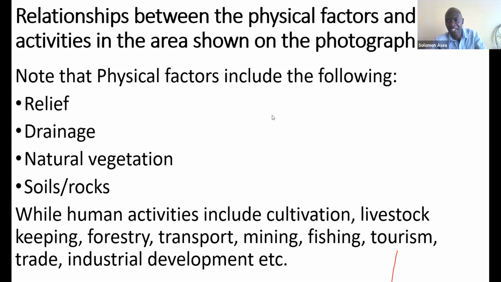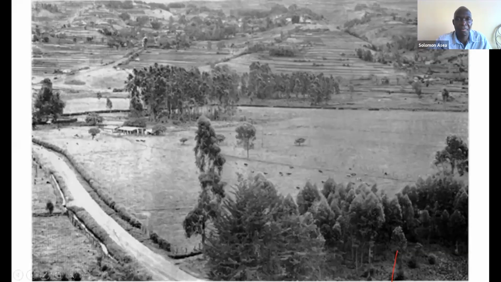So now, in this photograph of ours, what are the relationships here? The interrelationships between the physical factors.